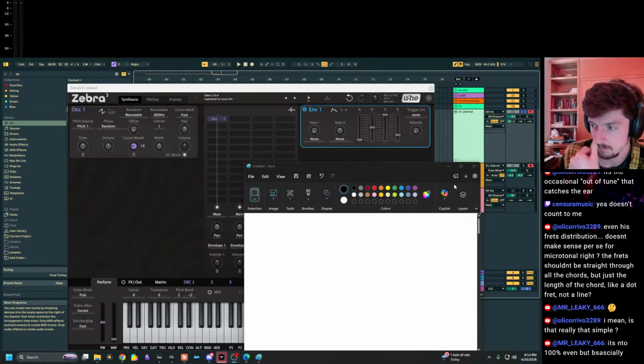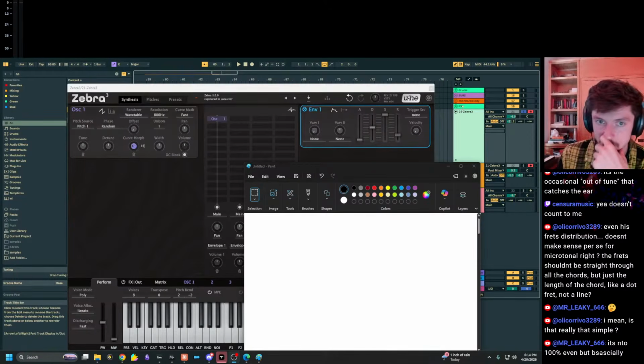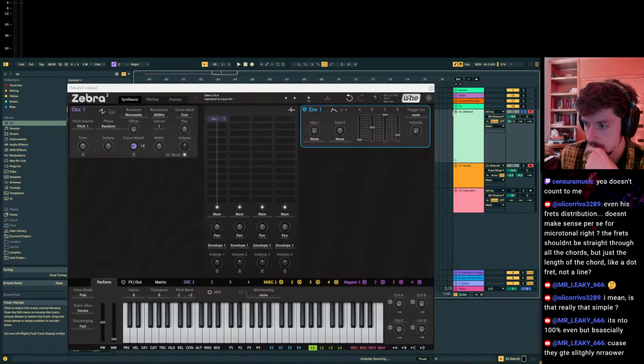You're just dividing it again. It's not 100% even, because pitch space and frequency space are logarithmically or exponentially related to each other. But pretty much, yeah.